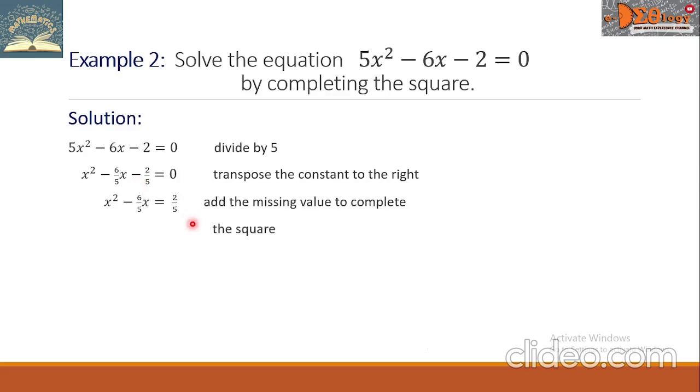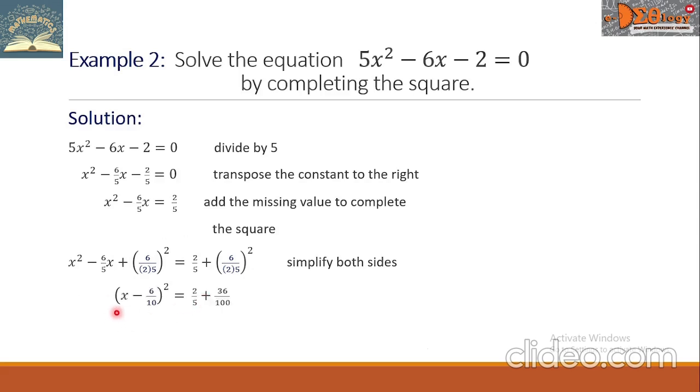Then we add the missing value to complete the square. The left side we add by the quantity 6 over 2 times 5. That is raised to power 2. And this same value we add to the right. Now we simplify both sides. The left side becomes x minus 6 over 10 with power 2 equals 2 over 5.